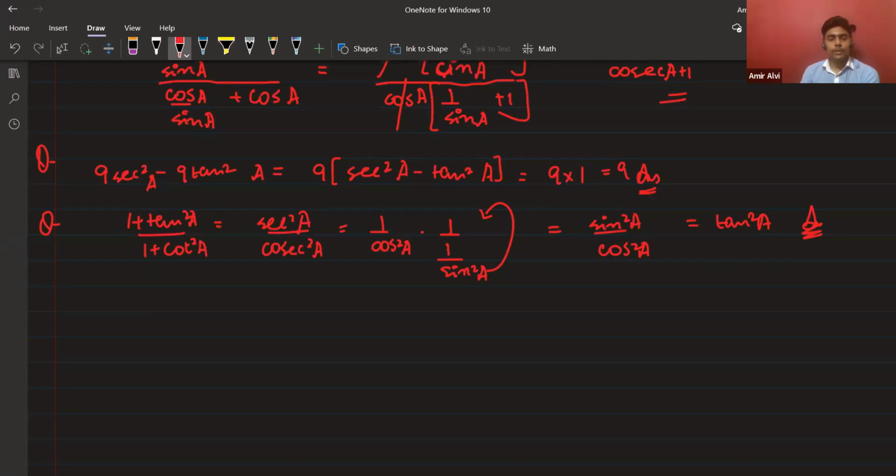Adil, basically trigonometry is all based on practice. Unless you are able to identify the identity, you will get stuck. The main thing is that you are the only one who can practice as much as you can.